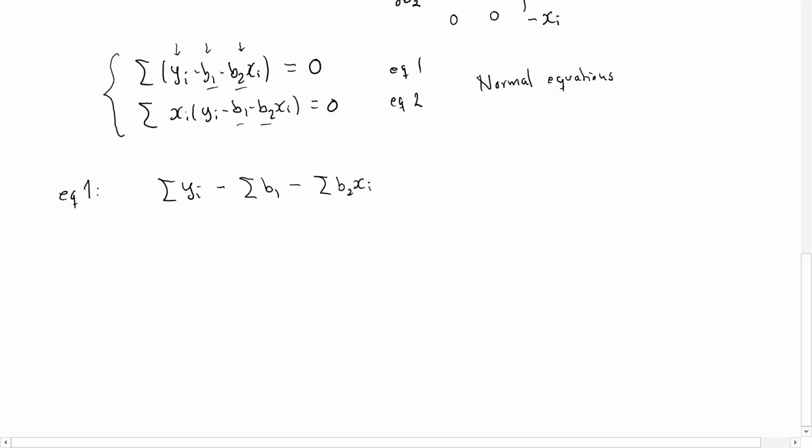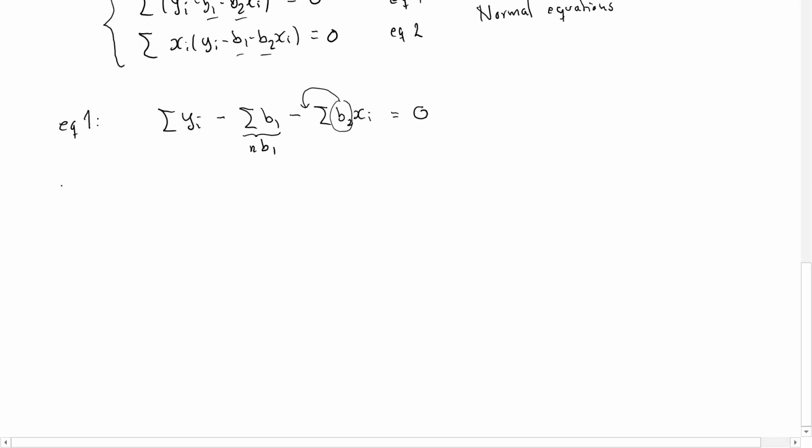I've taken the minus signs outside the sum, and that needs to be 0. This part here is just a sum of n constants b1. So it's b1 plus b1 plus b1 n times. So it's simply n times b1.